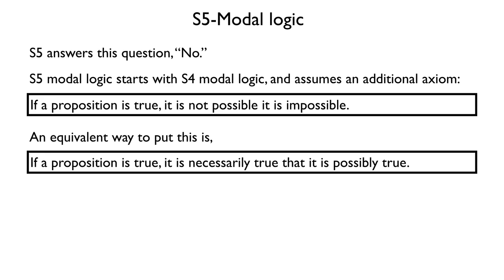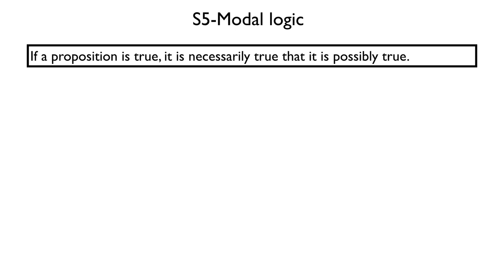So in the case of horses, since it's true horses exist, it is not possible that it is impossible horses exist. An equivalent way to put this is, if a proposition is true, then it is necessarily true that that proposition is at least possibly true.